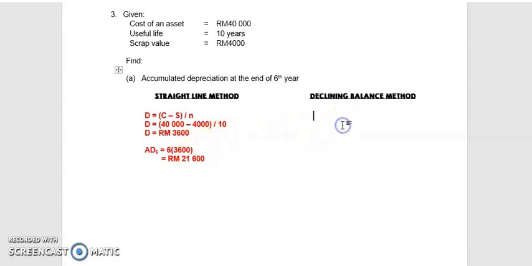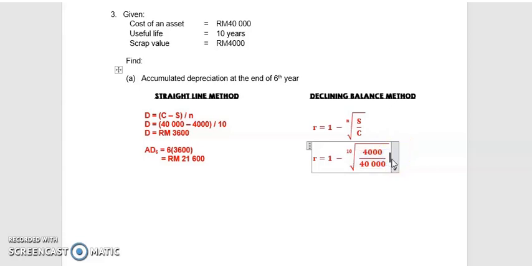If using the declining balance method, recall that first we need to know the rate of depreciation. Use this formula to calculate the rate of depreciation. Here N equals 10, scrap value is 4,000, and cost is 40,000.